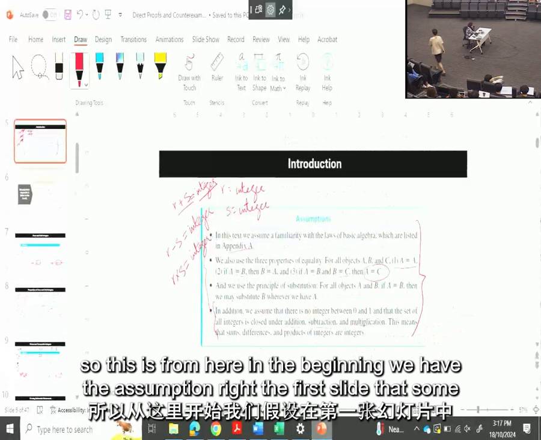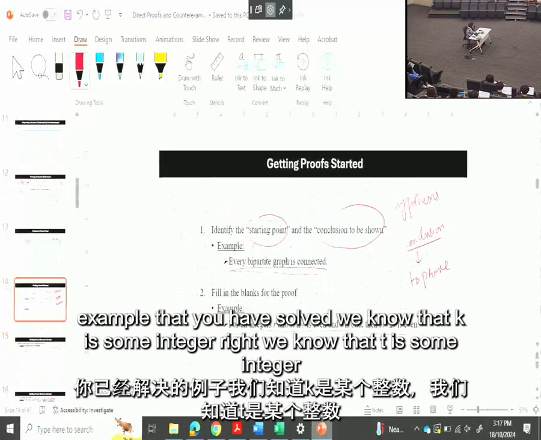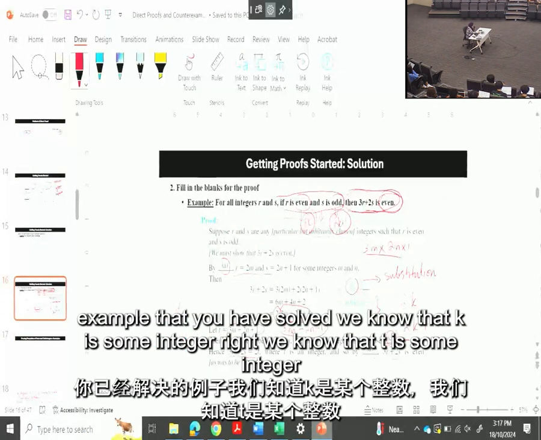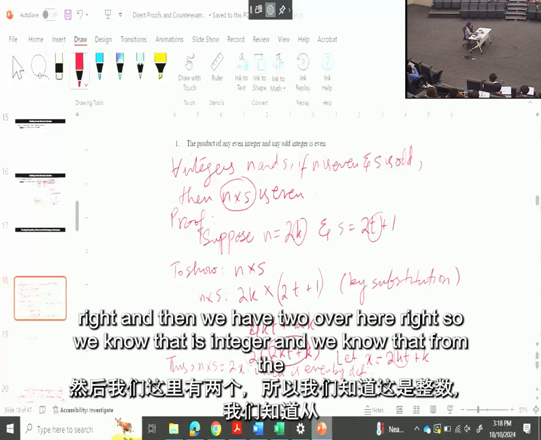The first slide says that the sum of integers is integer, and the product of integers is integer. So if we look at this example that you have solved, we know that k is some integer, right? We know that t is some integer, right? And then we have 2 over here, so we know that is an integer.